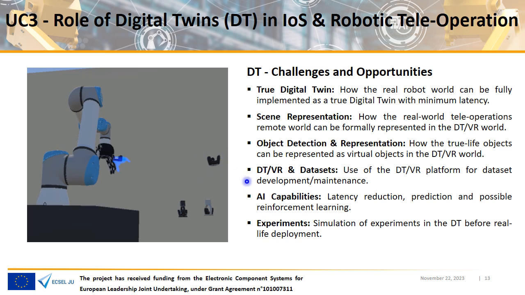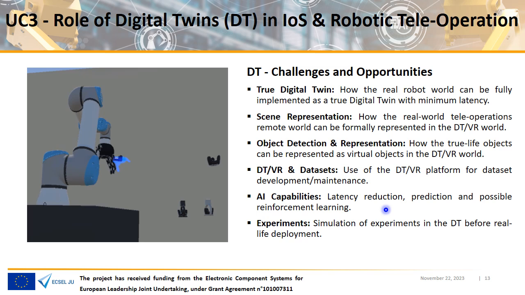I'm not going to spend any more time discussing digital twins, but it's sufficient to state that there are considerable challenges and opportunities when we try to introduce digital twins into the whole complexity of robotic teleoperation.